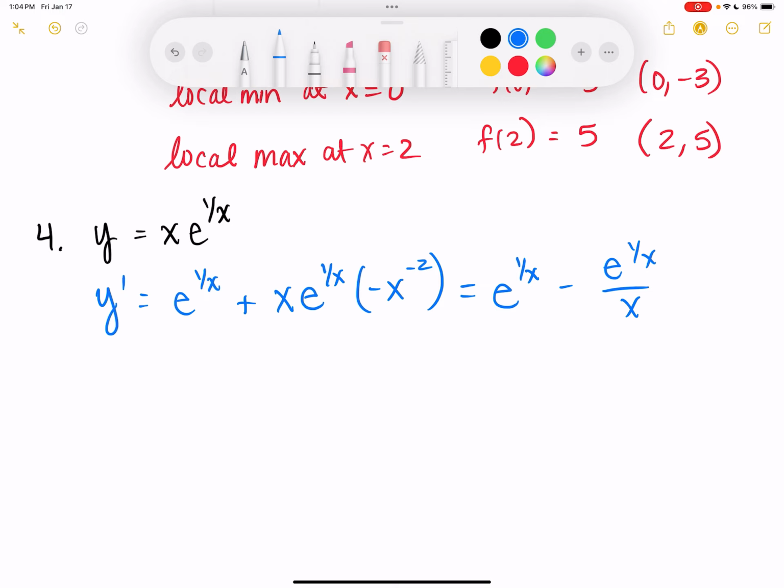So then I factor out an e to the 1 over x. Would you have thought to do it this time? Yeah, I was literally going to factor that out and then you did that other thing. So this is e to the 1 over x times 1 minus 1 over x.